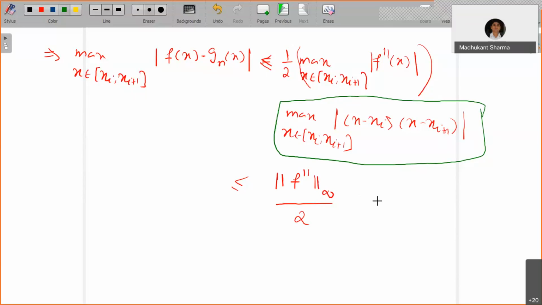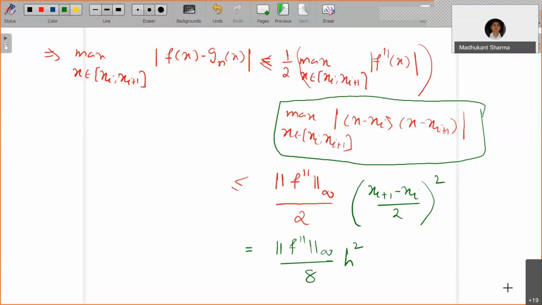So this is going to be (xi plus 1 minus xi) by 2, the maximum value times the same, evaluated at x equal to (xi plus xi plus 1) by 2. Since xi plus 1 minus xi is h, this is going to be h square by 4. So you have the infinity norm of f double dash by 8, times h square.